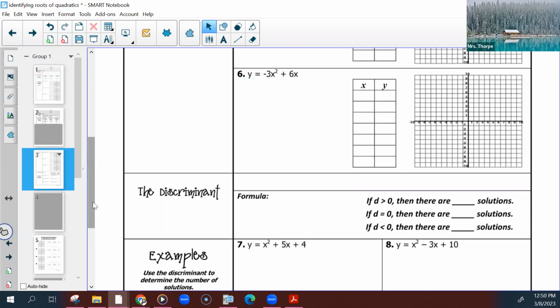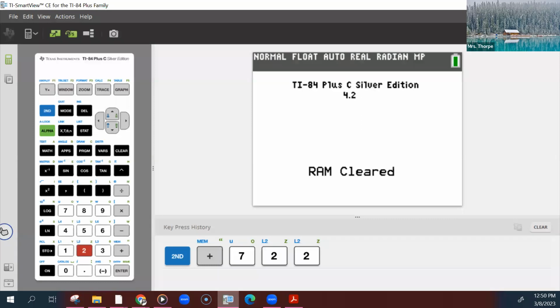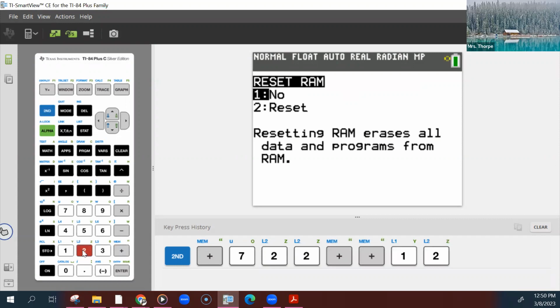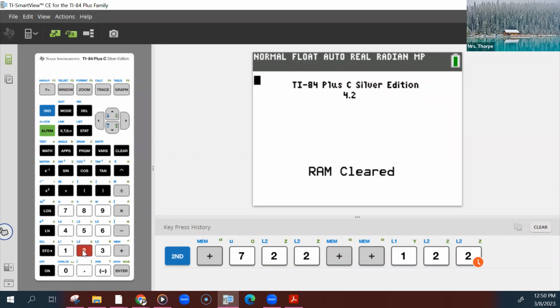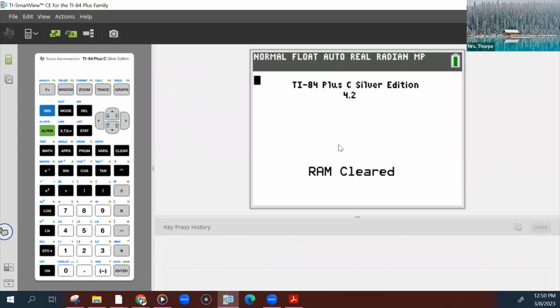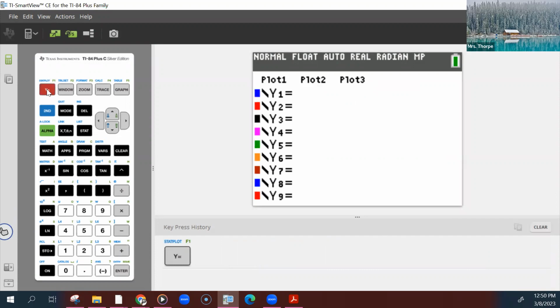You're gonna first reset your calculator: second, plus, 7, 1, 2. That should say 712. And it didn't. Do all those numbers. Second plus 7, 1, 2. Then you're gonna put the equation for number 6 into y equals, so go ahead and go to your y equals and type in that equation.